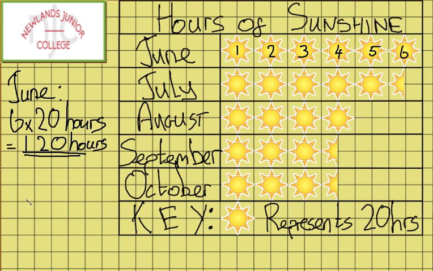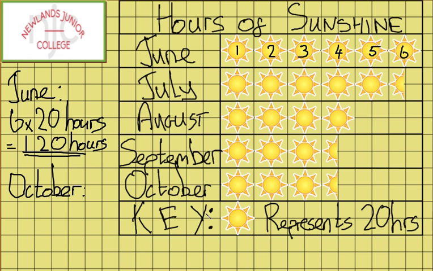Okay, what about October? Well, October asks a slightly different question, because you'll notice one of the pictures has been halved. If you have half a picture, it simply means that it's representing half of the amount shown in your key.